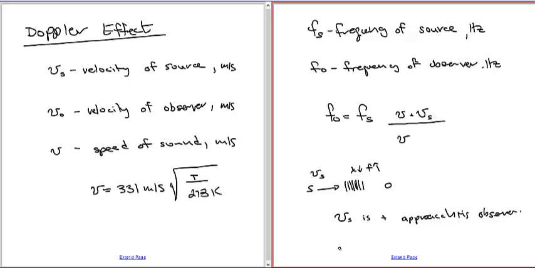And obviously it's going to be negative when it's, what's another word for approaching, going the other way? Going away from observer. So that would decrease the numerator, which would decrease the fraction.